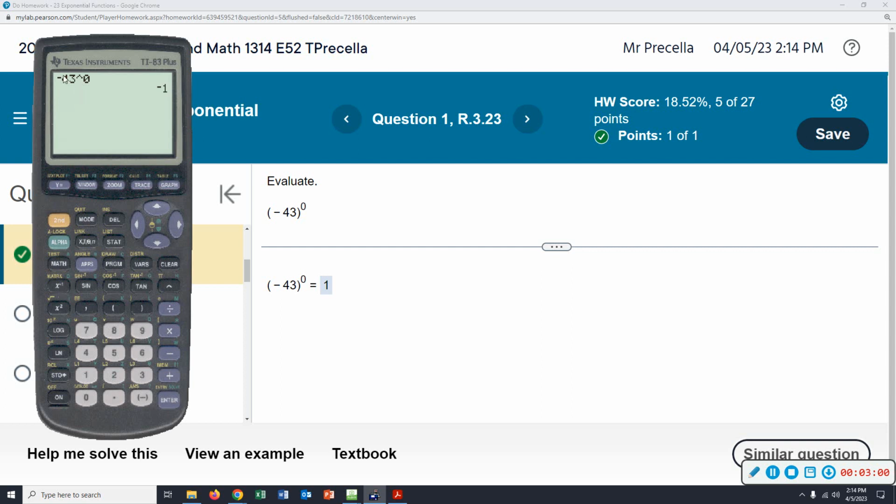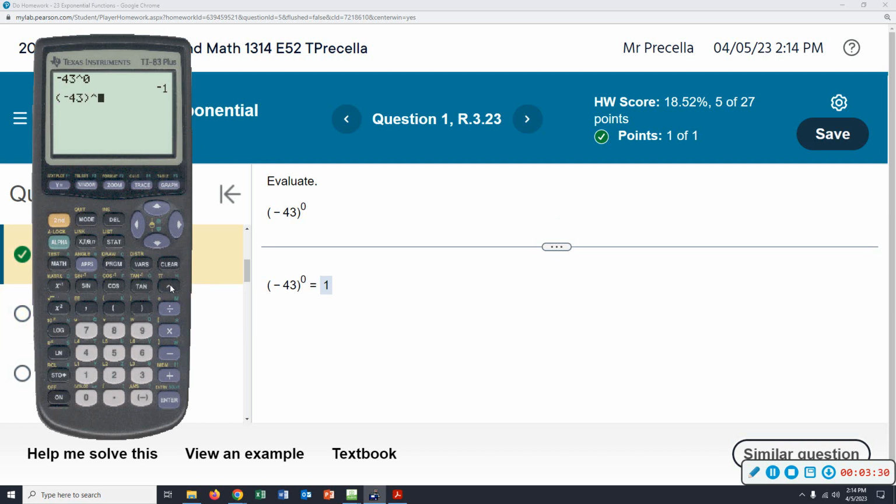I entered it wrong. If you enter it without the parentheses, the negative isn't being raised to the 0 power. What's immediately to the left is 0. The parentheses, everything in the parentheses is being raised to the 0 power. If you wanted to do this problem with a calculator, make sure you enter it in the parentheses the way it's written here.